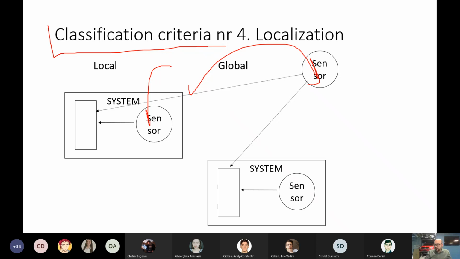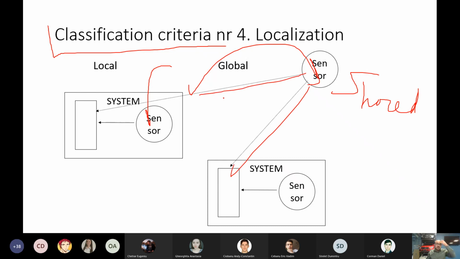For me, it's 8. For you? So that means that I'm using a sensor that is somewhere else, a shared sensor that can be used by different systems.